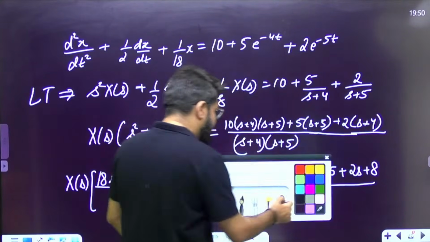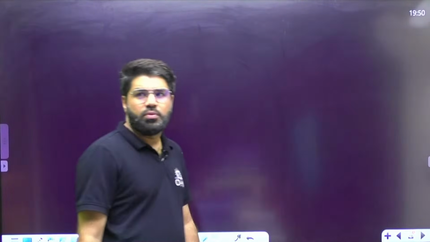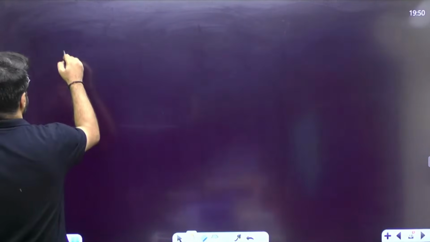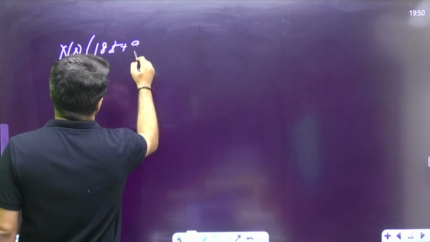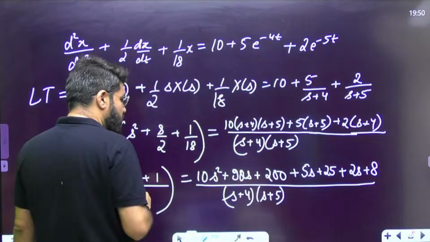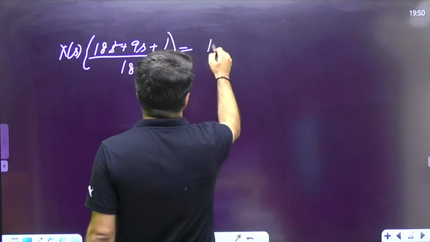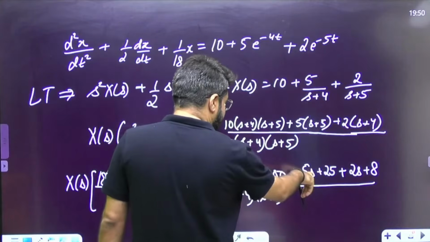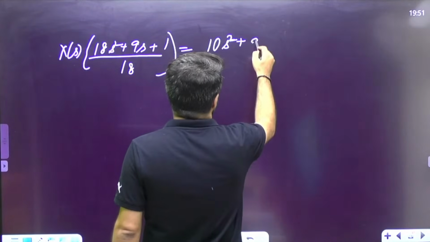What is coming till now? I have X(s), which is multiplied by 18s square plus 9s plus 1, whole divided by 18. This is to be equated to, now overall 10s square plus how much? 95s plus 2s, 97s.